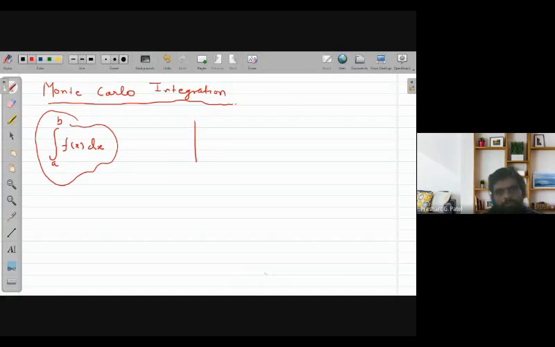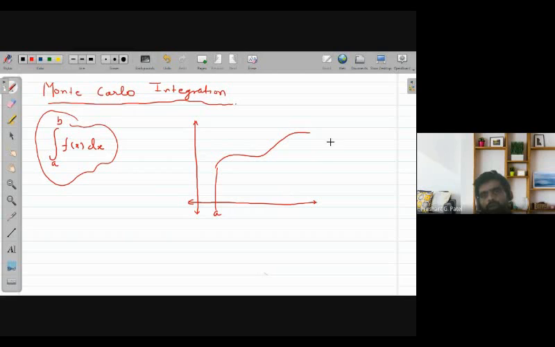For example, if this is your y-axis and this is your x-axis, and you have a curve defined over these two lines, x equal to a and x equal to b, then this integration is the area bounded by four curves.